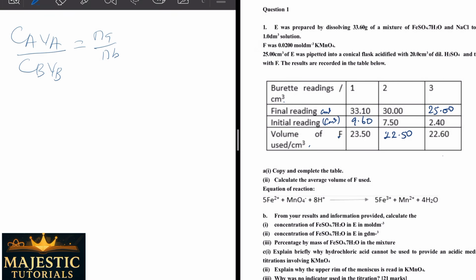Then another formula is knowing how to relate molarity.